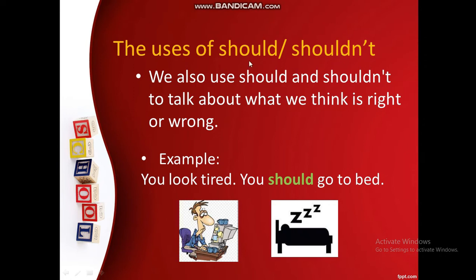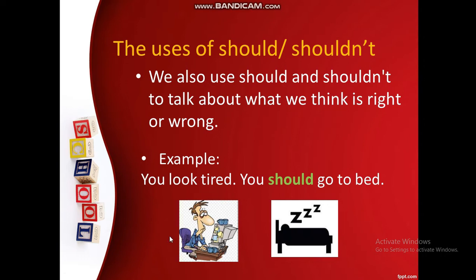We also use should or shouldn't to talk about what we think is right or wrong. So we use should or shouldn't to give a piece of advice, or to talk about something that we think is right or wrong.